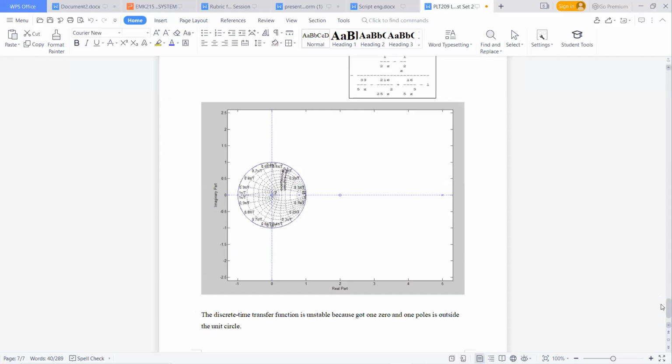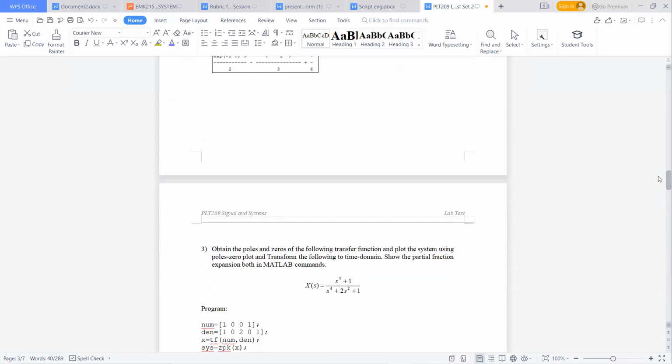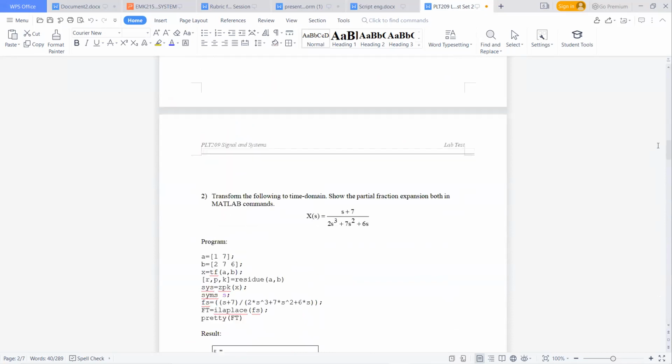So for question two, what do we need? We are asked to transform the following time domain to the inverse Laplace transform. So this is a partial fraction of the equation.